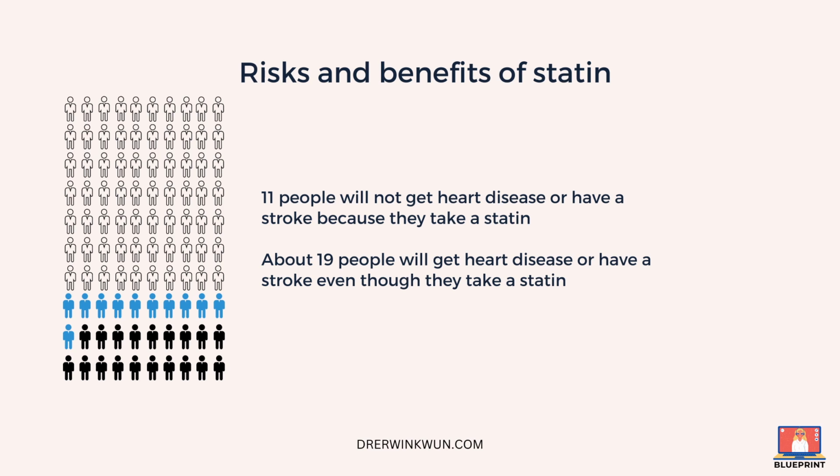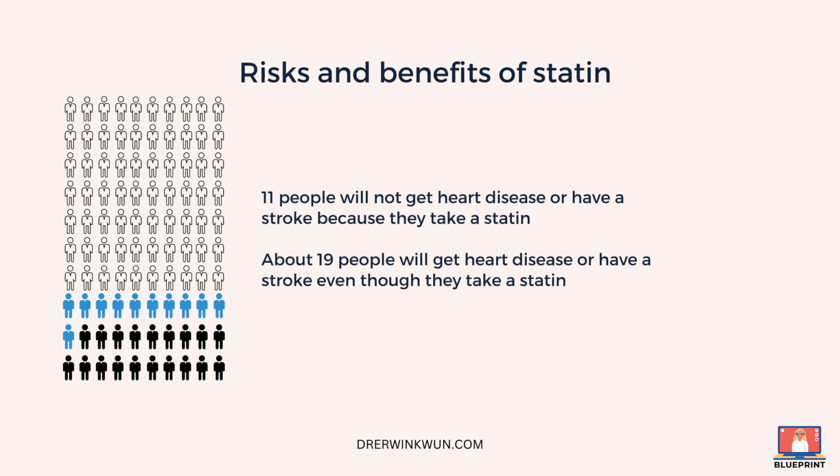And then there's 70 people who will not have any stroke or any cardiovascular disease. So when you think about what the benefit is here, out of 100 people, 11 people will benefit by taking it. And there will be 19 people who, even if they take it, will still not have any benefit from it.